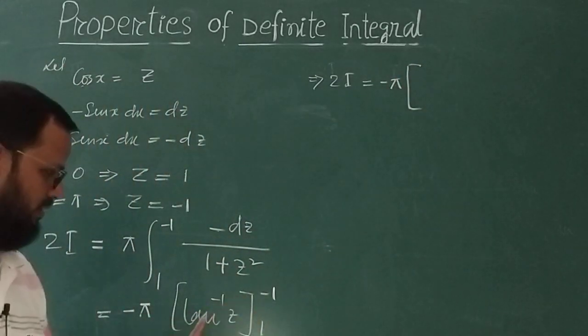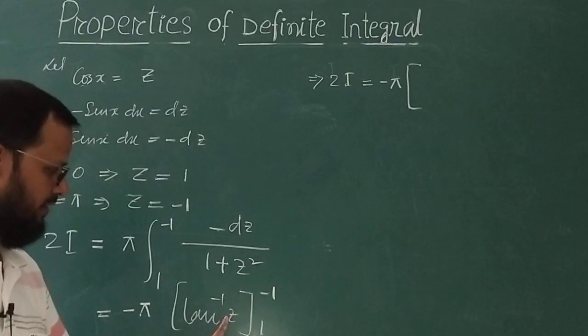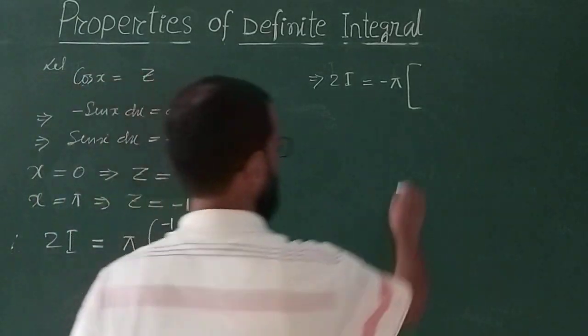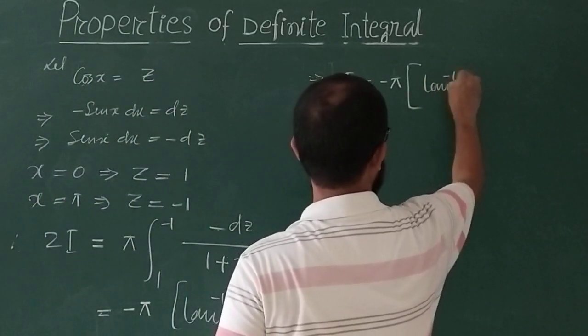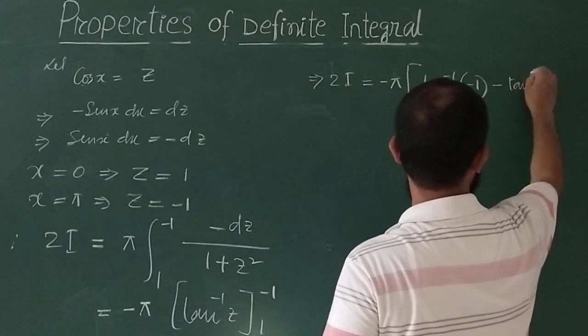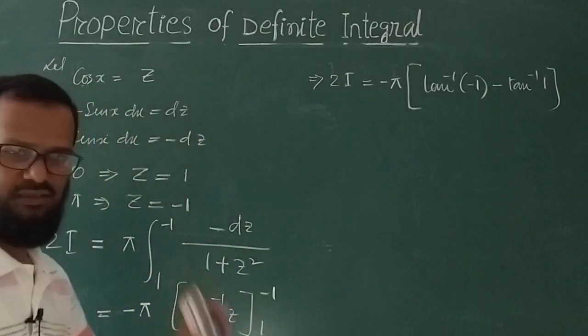First you put the upper limit, that means the value of z is minus 1 first. Tan inverse minus 1 minus tan inverse 1. Upper limit minus lower limit.